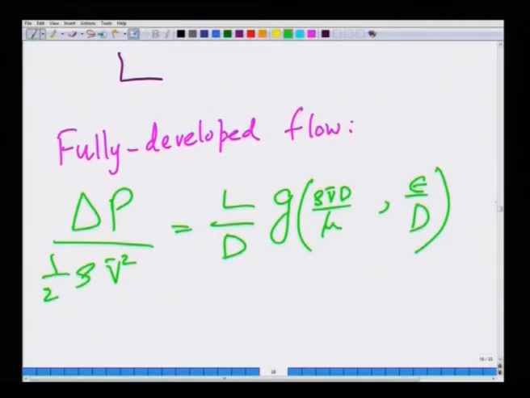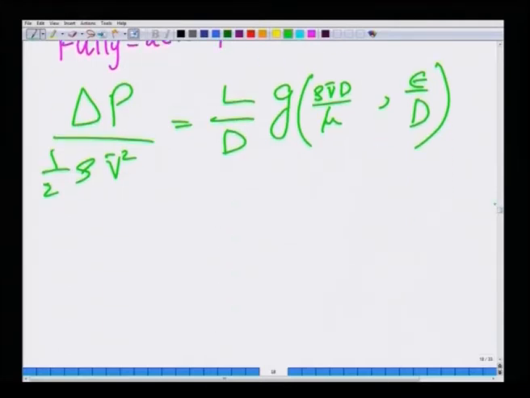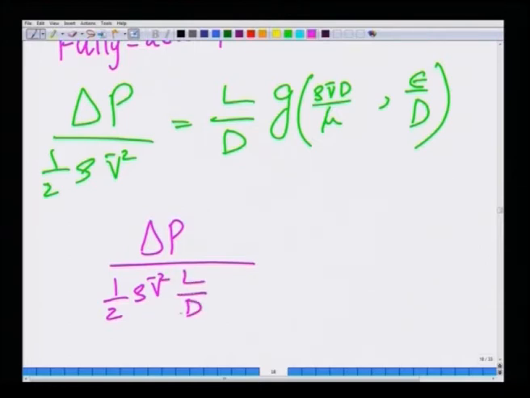Now, traditionally, this factor delta p, now I bring this L by d to the denominator, delta p by half rho v squared L divided by d, is called the Darcy friction factor.